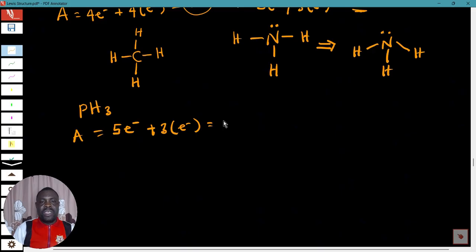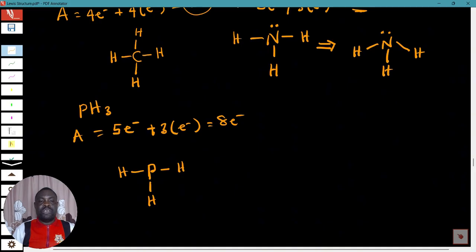That will give me again 8 electrons. The central element is what? Is phosphorus. Then we distribute the hydrogen around it. We have a hydrogen here, another hydrogen, then the third hydrogen.